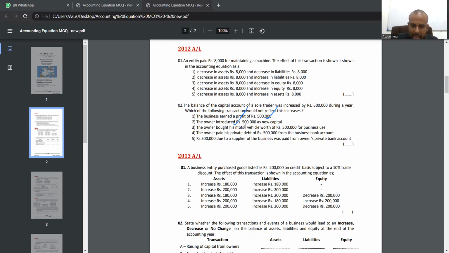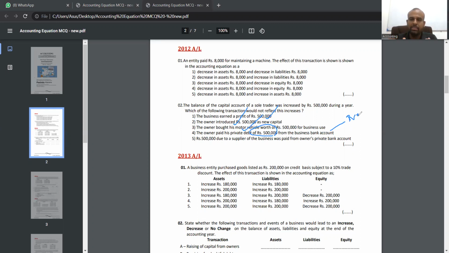Motor vehicle brought in is also additional capital. The owner paid his private debts of 500,000 from the business bank account. Putha, how do you need to consider this 500,000? You need to consider it as drawings. Drawings doesn't increase the owner's equity, it reduces it.